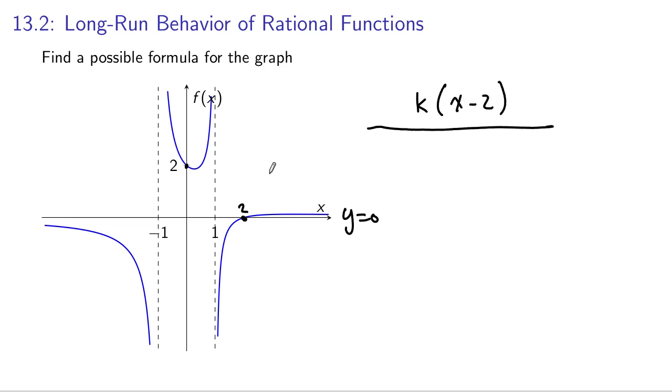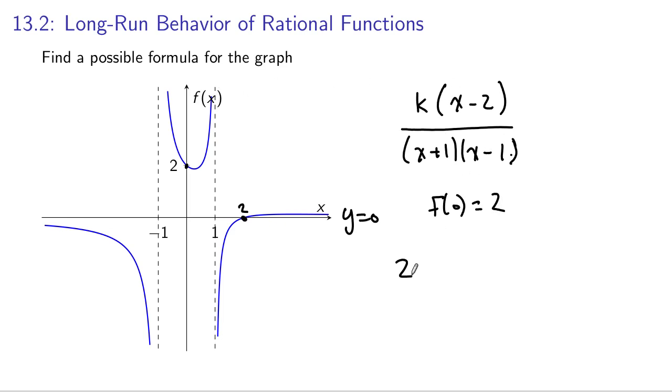The denominator is going to have zeros at -1 and 1 to get the vertical asymptotes we see. And then in order to have a long run behavior of y equals 0, we had to have a degree in the denominator bigger than the numerator, which we've already satisfied. And so we know when x is 0, y is 2, the output is 2, f of x.